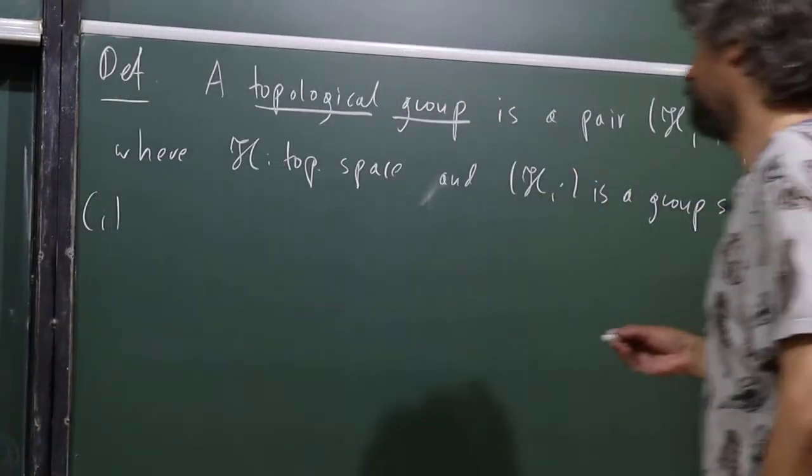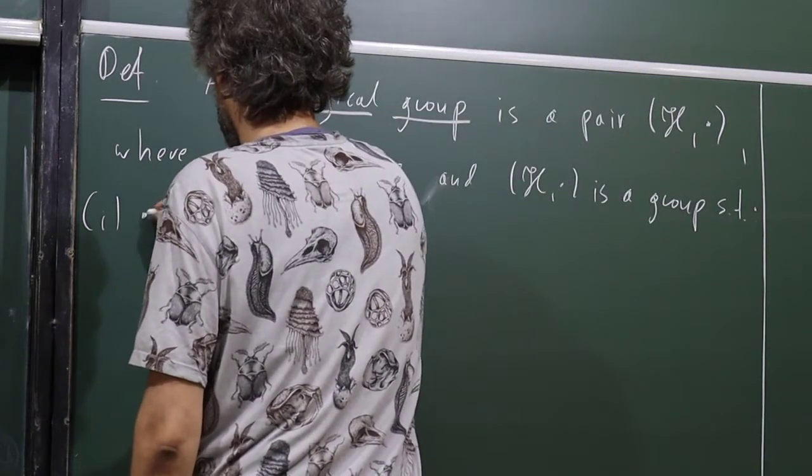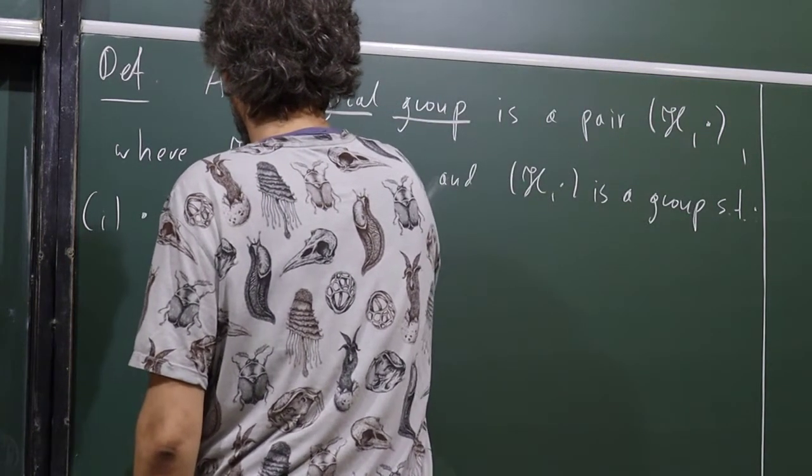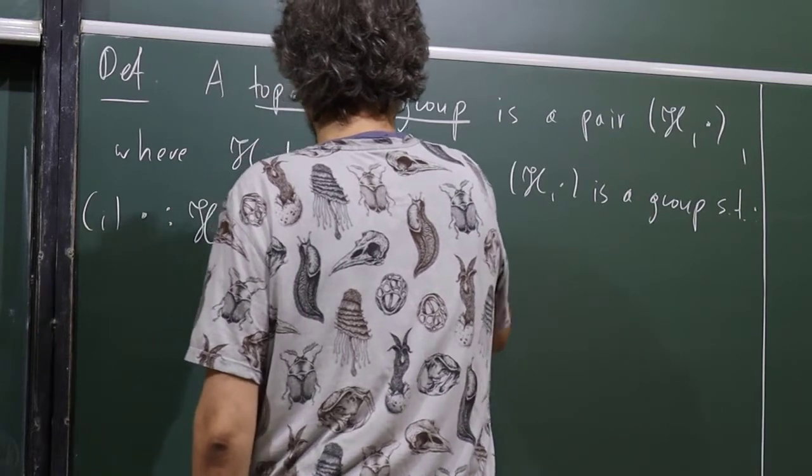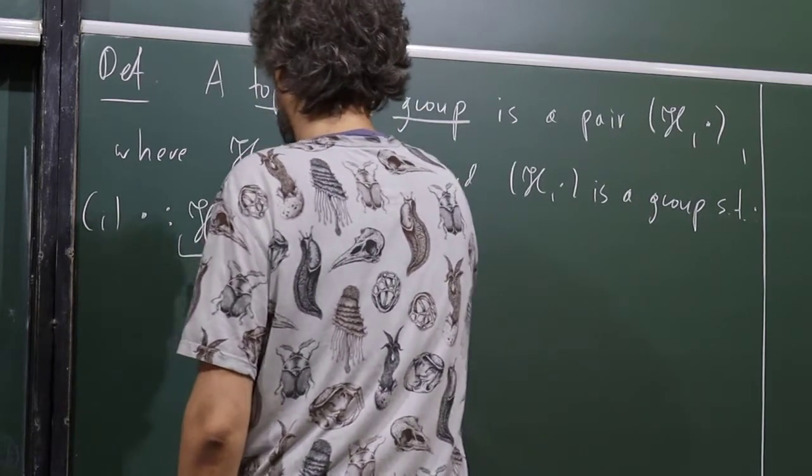This is continuous, so multiplication understood as such a map, and here we take the product topology.